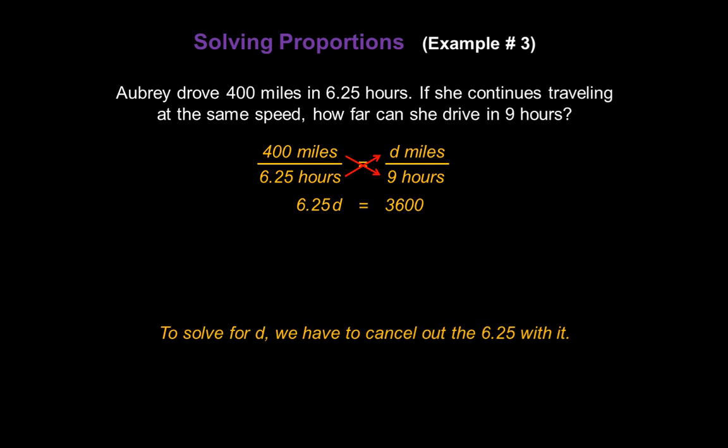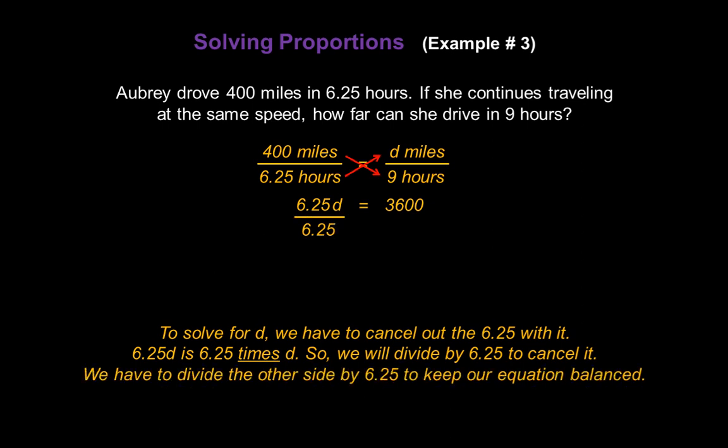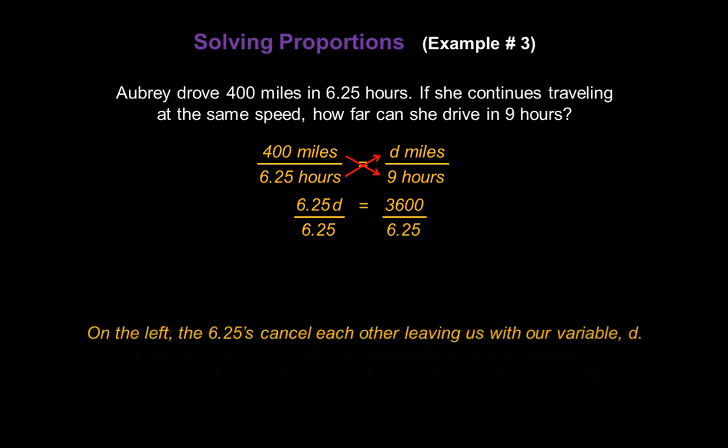Now to solve for d, we have to cancel out the 6.25 that's with it. Again, 6.25d is 6.25 times d, so we're going to divide by 6.25 to cancel it. And we have to divide the right side by 6.25 as well to keep our equation balanced.